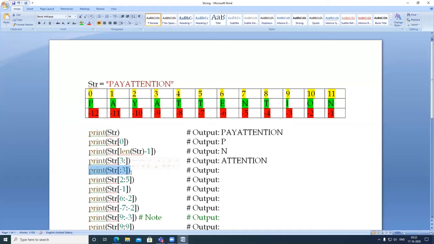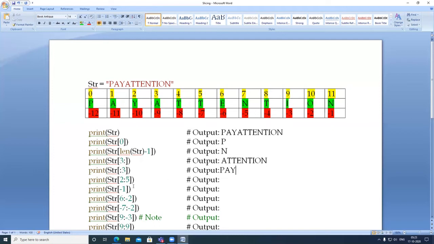And since they have given the index 3, starting from 0, it will proceed till 2. So when it starts from 0 and proceeds till n minus 1, that is 3 minus 1, which is 2, the highlighted output, namely "pay", would be the output.